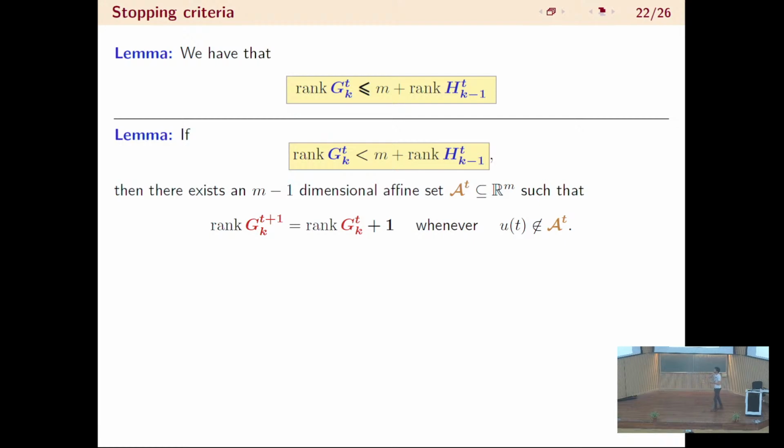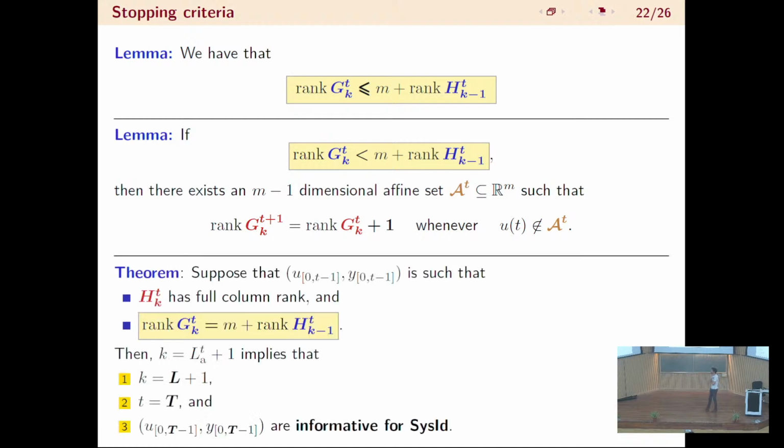Now let's have a look at what happens when I have equality over here. So, we have the following theorem. It says the following. So suppose that my input-output data are such that the Hankel matrix H_k has full column rank, and now I have that the rank of G_k^T is equal to the right-hand side over here. Then the theorem says the following.